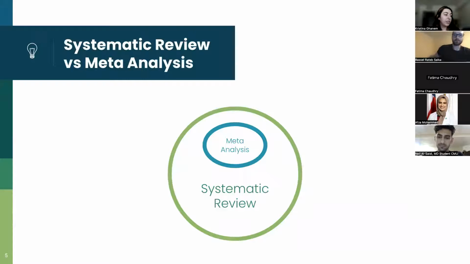So one thing we wanted to chat with you guys about, in case this ever comes up, is what is the difference between a systematic review and a meta-analysis? Essentially, a meta-analysis is a specific type of systematic review that uses biostats to investigate certain variables in your systematic review.